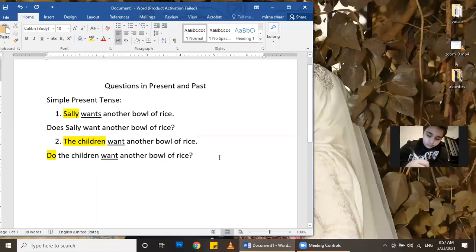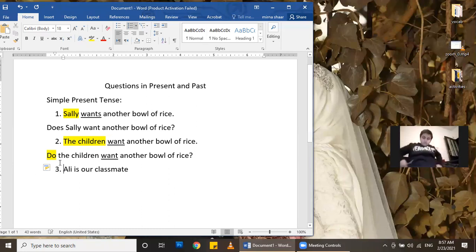Okay, great. Let's continue. Sometimes the verb of the sentence could be the verb to be, not an action verb like want. For example, Ali is our classmate. Also this is a simple sentence just to understand the idea.